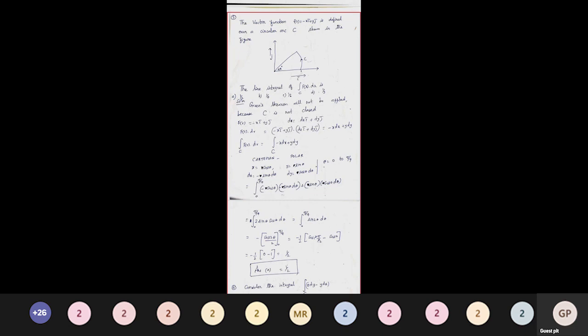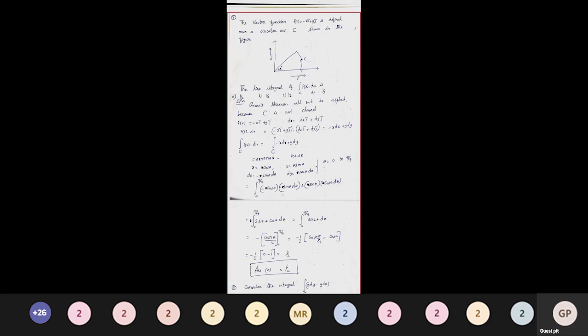Now we can integrate sin 2 theta. The integration of the sin function is minus cos function. So minus cos 2 theta divided by the differentiation of 2 theta, which is 2. Now let us substitute the limits. Integration is completed. The lower limit is 0, the upper limit is pi by 4. Before substituting the upper limit, let us take the constant denominator outside, so minus 1 by 2.